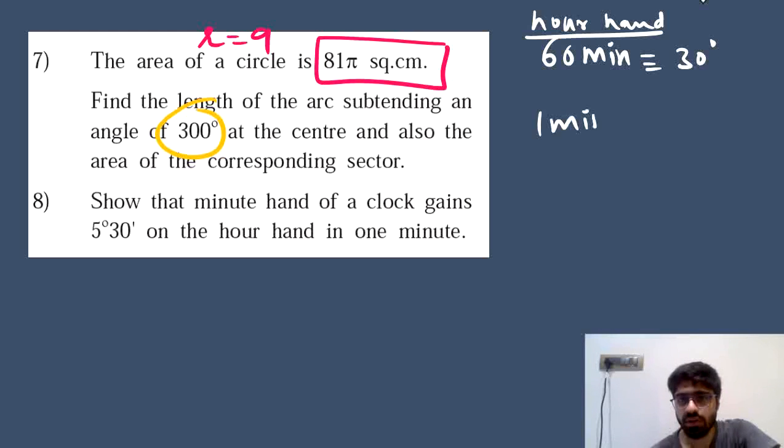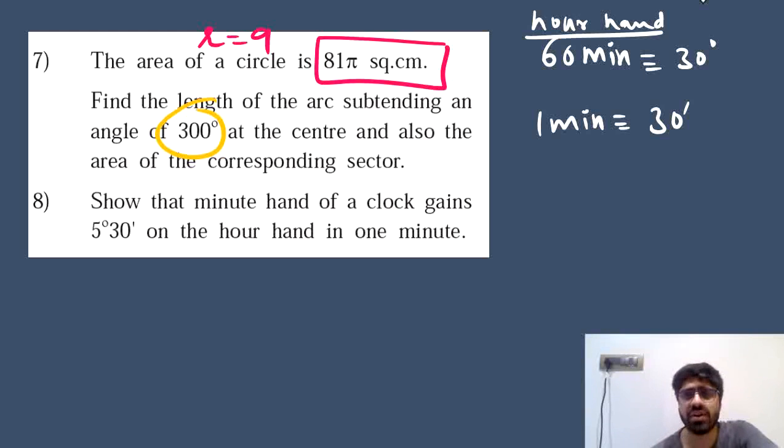So in 1 minute the hour hand is going to cover 30 upon 60, which is half a degree, and half a degree basically means 0.5 degrees. 0.5 degrees means 0.5 into 60 minutes, and 0.5 into 60 minutes would mean 30 minutes. So in 1 minute the angle traced by the hour hand would be 30 minutes.